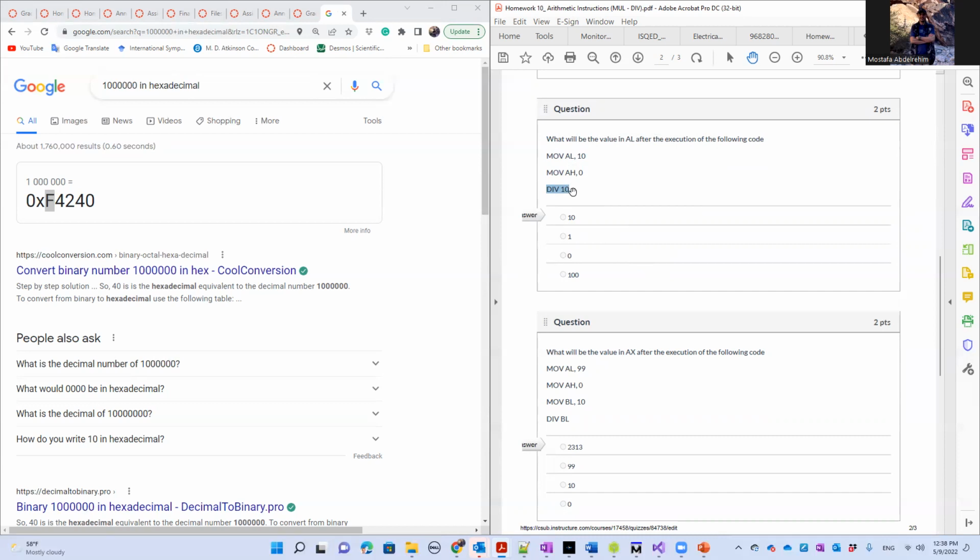One may say Visual Studio doesn't compile this. Since it doesn't compile, whatever was in AL before we tried to execute the program will remain there, because the assembler takes the code as a whole.